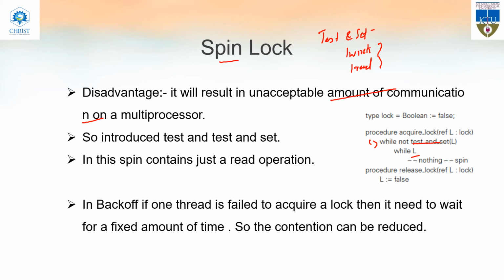After that test and set, it will be only checking. It will check, it won't set the value. It will just check whether it is available, whether the value of x equals 0. So it is actually a mixture of the first and second options.